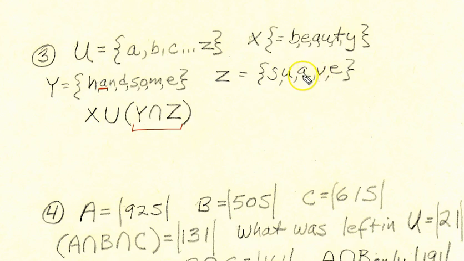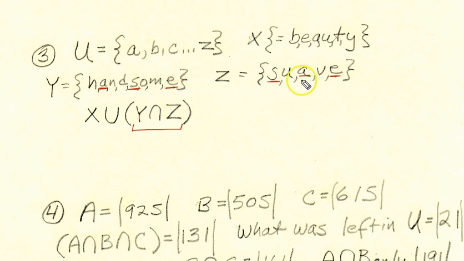A, there's an A in both. N, no. D, no. S, yes, there's an S in both. O, no. M, no. E, yes, there's an E in both.